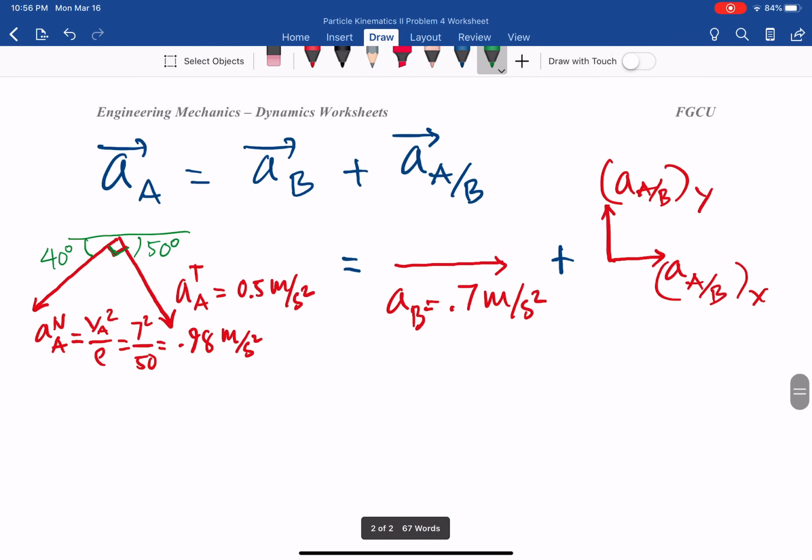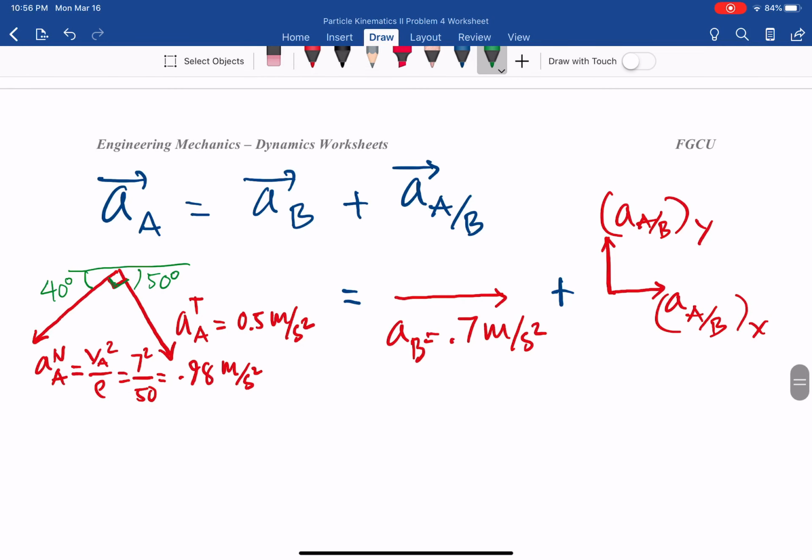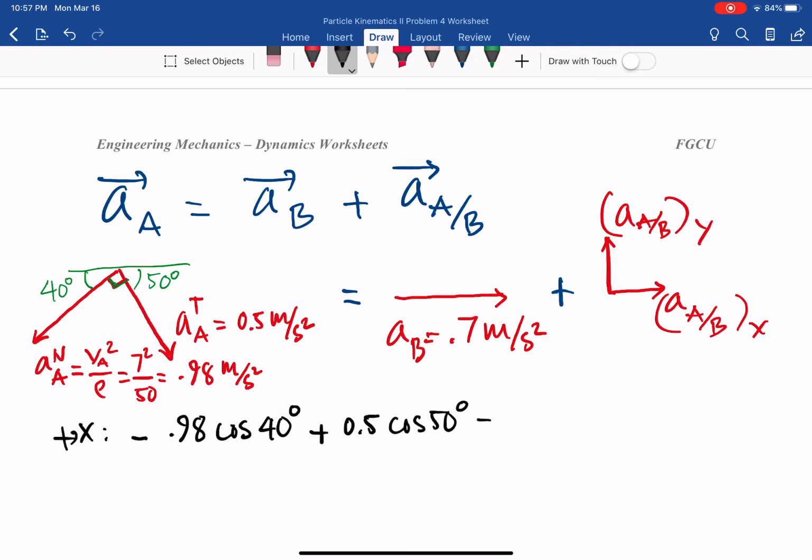So let's go back there. We have all the information, so let's write the scalar equation in x. In that case, we have a negative A_N. So it's negative 0.98 cosine 40 degrees plus 0.5 cosine 50 equal to A_B going to the right, so it will be 0.7 positive plus A_A relative to B, x.